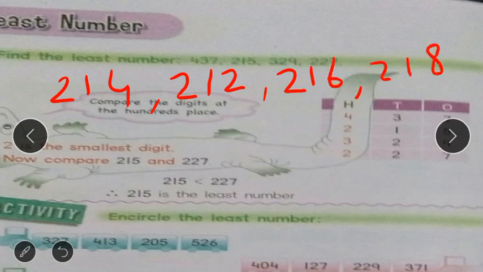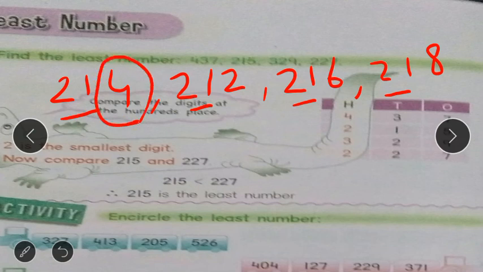Now you will think, teacher, here in the 100 place the first two numbers are the same. So how will you find out which one is the least? You have to see the ones place.